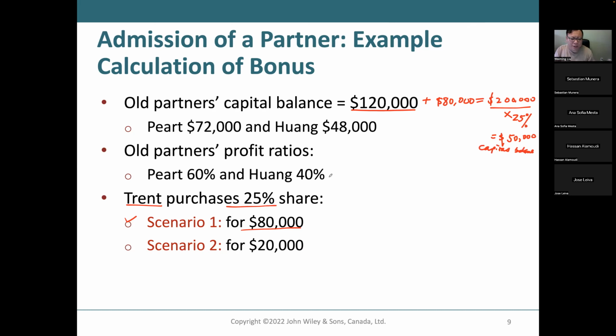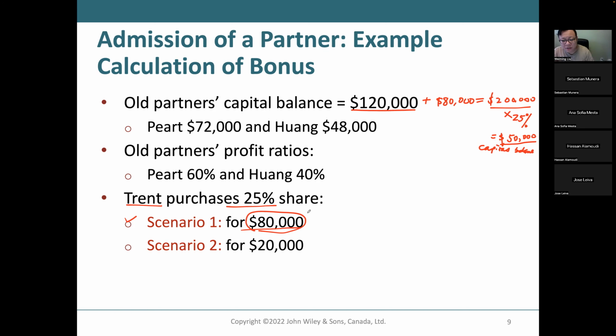Okay, so then Trent will say, I paid $80,000. How come I only have 50,000 capital? What about the $30,000 difference? Because I paid $80,000, but when I calculate my interest, 25% of the 200,000, it's only 50,000. So where is the other 30,000?